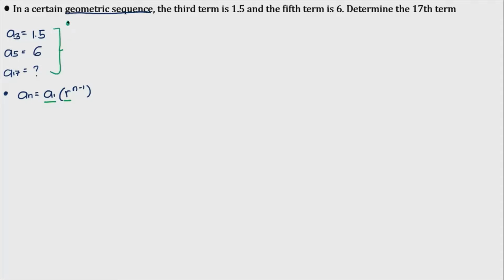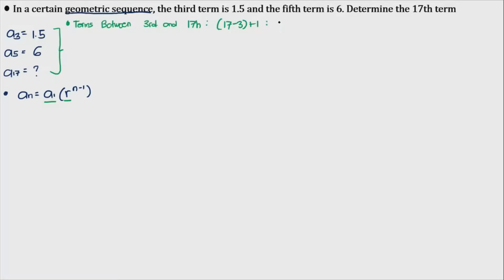Same process. Bibilangin natin ilan yung terms between the third term and the 17th term. I-take note ko rito, terms between third and 17. Formula is 17 minus 3 plus 1.